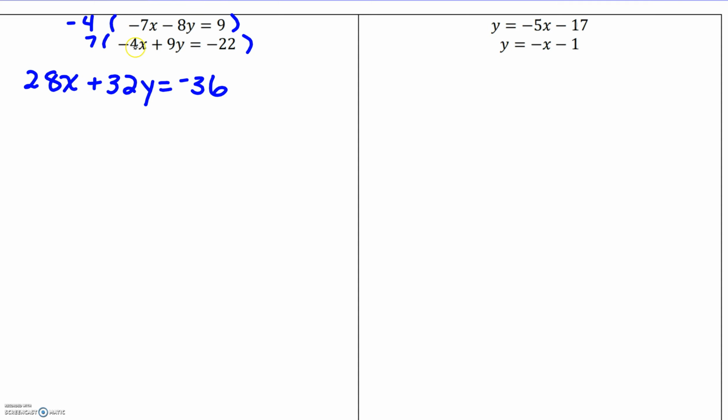Do the same thing to the bottom. 7 times -4x, -28x. 7 times 9y, positive 63y. And then 7 times -22, -154. From here, we're going to add the two equations together, and you'll notice that our x values cancel out.